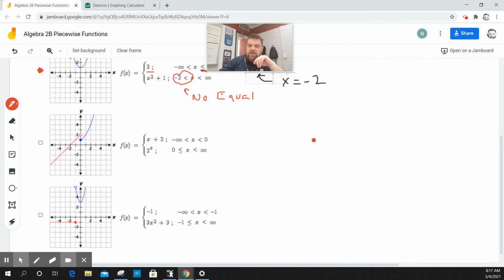One thing I want to point out, though, real quick, and I've kind of glossed over this. So this 0 to the x to infinity, that's the same as x is greater than or equal to 0, right?